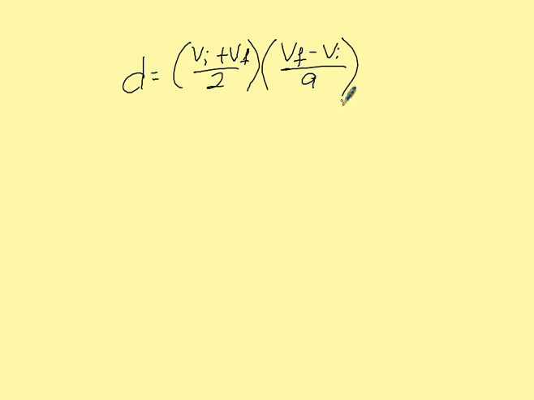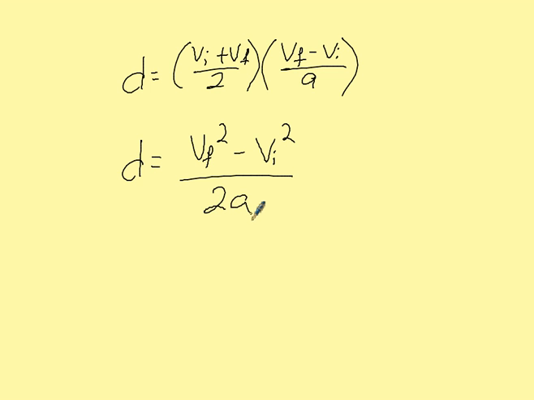And now let's combine some terms here, just do some simple algebra. And what we should see is the final velocity squared minus the initial velocity squared over 2a. We just multiplied the top together and the bottom together for that. All right. Now there's a number of ways we can rearrange this equation.